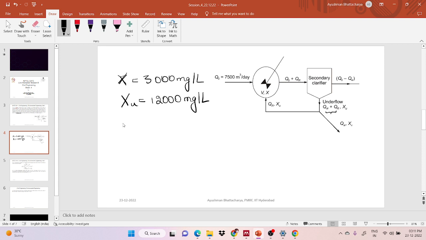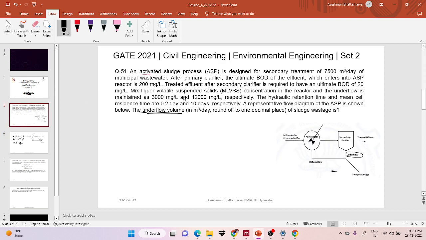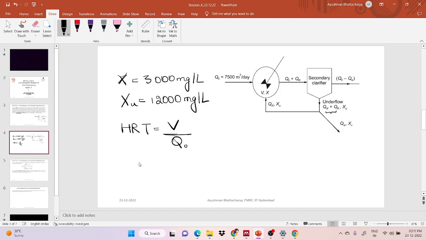Now HRT. First we will calculate the HRT. HRT, we know the formula V by Q naught. In the question they have mentioned the hydraulic retention time and the mean cell residence time are 0.2 day and 10 days. So basically HRT 0.2 day is equals to volume of the tank by Q naught.